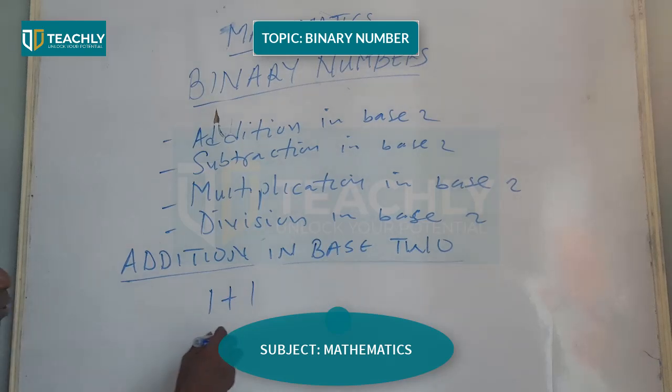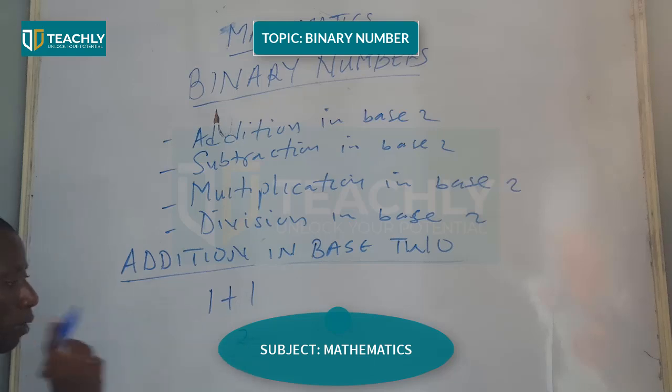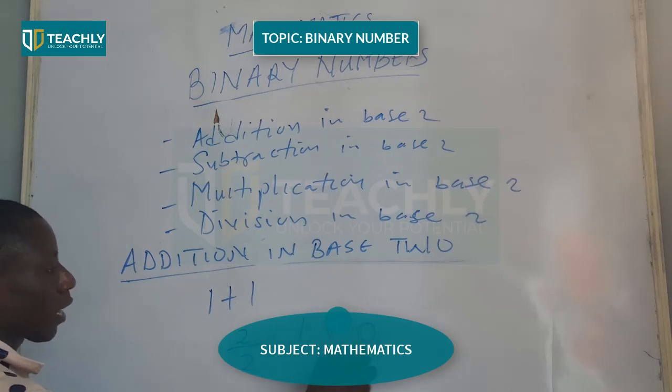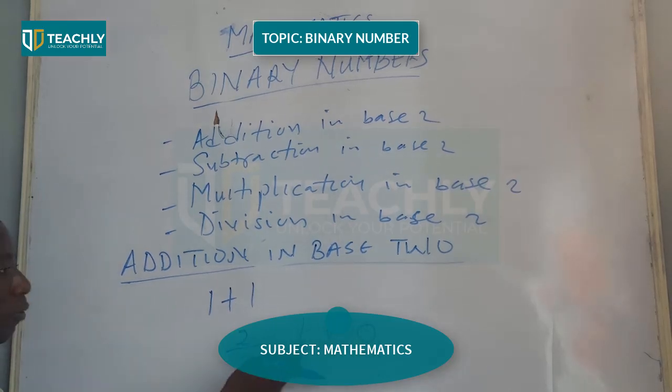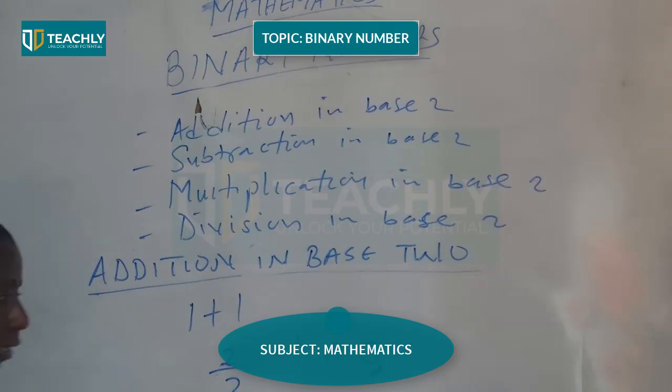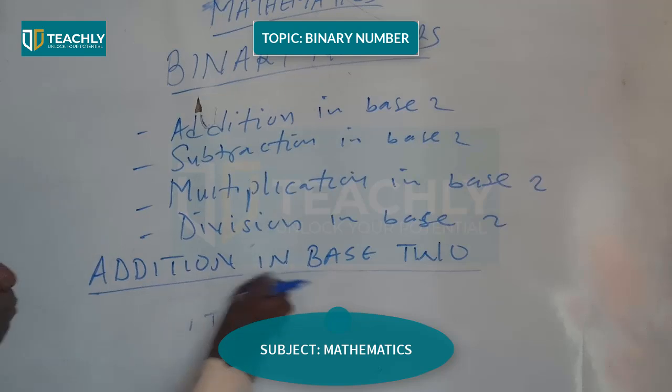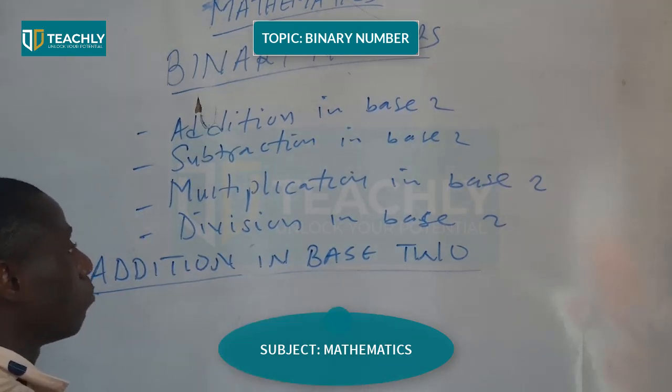Once your value is up to 2, more than 1, you have to use the base to divide. So 2 divided by 2, you are going to have 1, remainder 0. You write the remainder and you carry 1 to the next digit. That is the concept we are using in adding numbers in base 2.